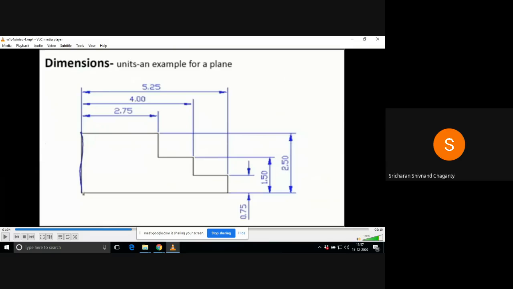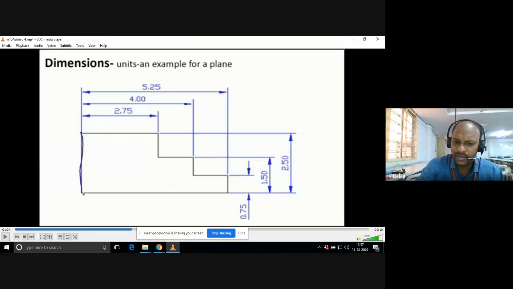Can you explain again, sir, please? Yeah, what we are telling is there is an object like steps. I need to mention the length of this particular portion. It is 2.75. Forget about units, whether it is centimeters, meters, millimeters.